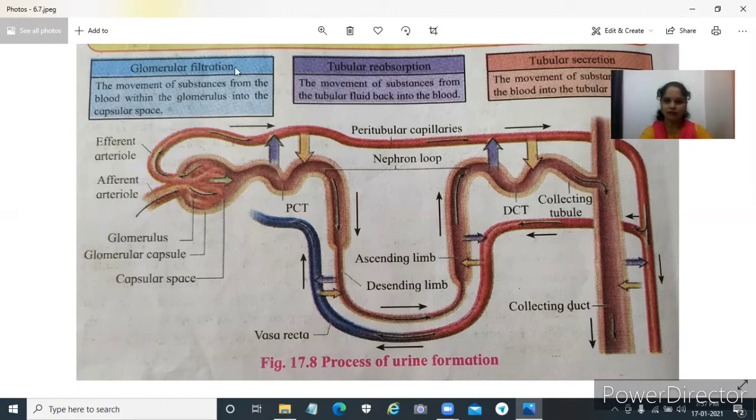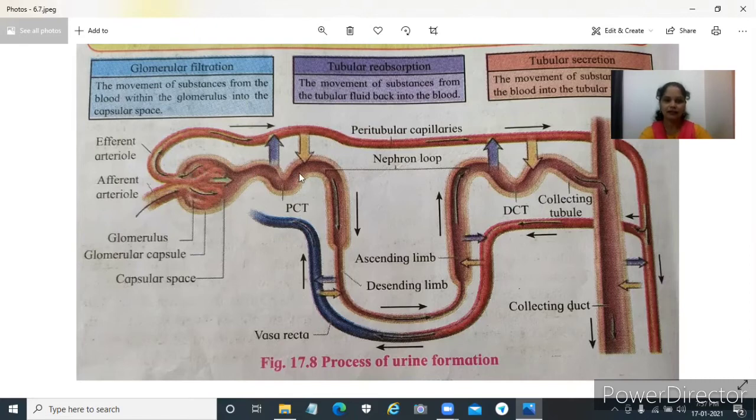Glomerular filtration is the movement of substance from the blood within the glomerulus into the capsular space. Look at this. The blood enters the glomerulus, and filtration occurs under a high pressure. So whatever the filtrate is, it enters the capsular space or the urinary space.